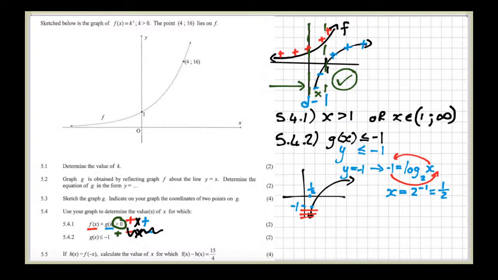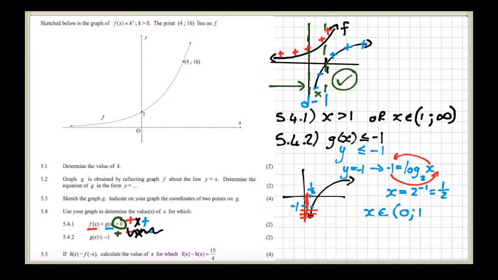Now, what part of this graph is actually colored in? Well, it is that little band here between 0 and 1. So in other words, my answer for x is between 0 and 1.